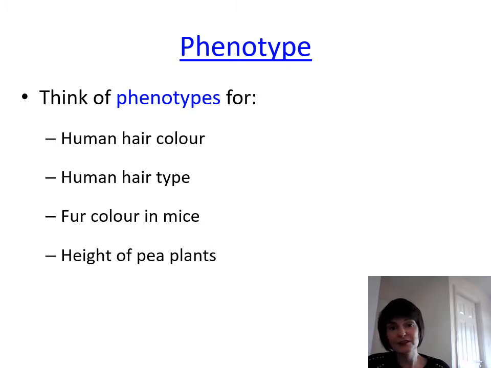These are all different hair colour types because we are describing what they physically look like. You can go through human hair type, fur colour in mice, and height in pea plants and see if you can come up with the phenotypes for those three other examples. You could go away and test yourself if you feel up to it.